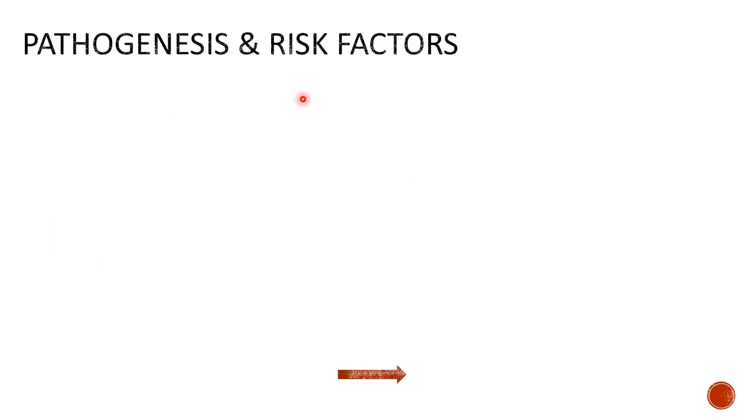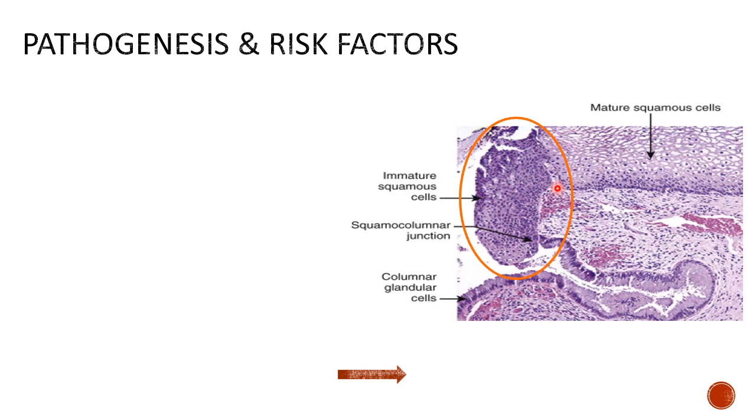So let's discuss the pathogenesis and risk factors for the development of CIN and subsequent cancer. Where does the infection and also the disease take place? This is often at the region in the cervix called the squamocolumnar junction. This is here, and the squamocolumnar junction is the area where the ectocervical squamous mucosa or epithelium meets the endocervical glandular epithelium.